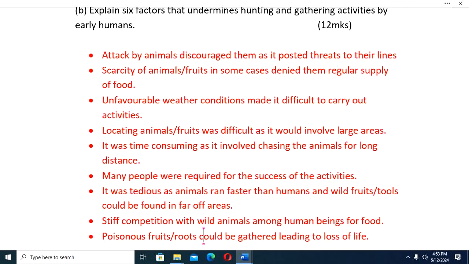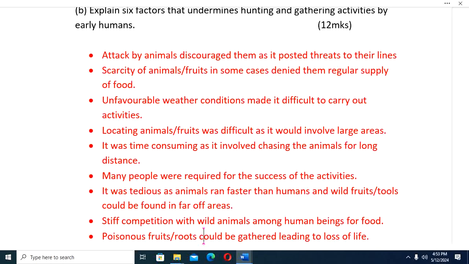Next, unfavorable weather conditions made it difficult to carry out activities. Number 4, locating animals and fruits was difficult as it would involve large areas. Next, it was time consuming as it involved chasing the animals for long distances.